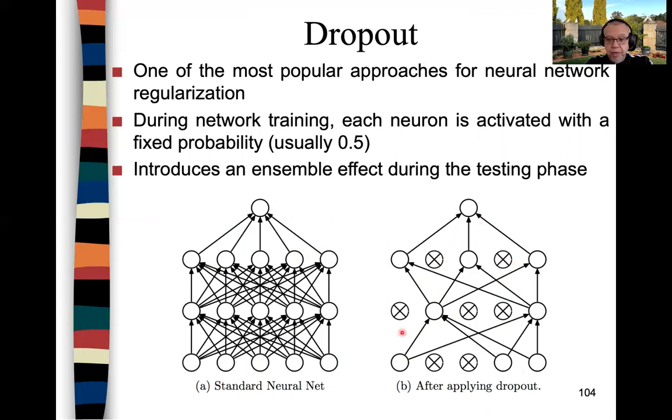For another one, you're going to have a different subnetwork, and so on. So sometimes you allow this node to learn, and sometimes this node is not allowed to learn, and so on.